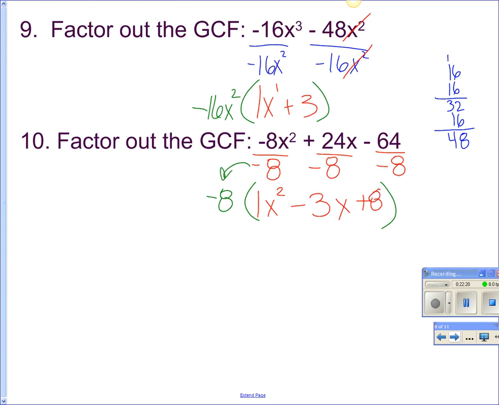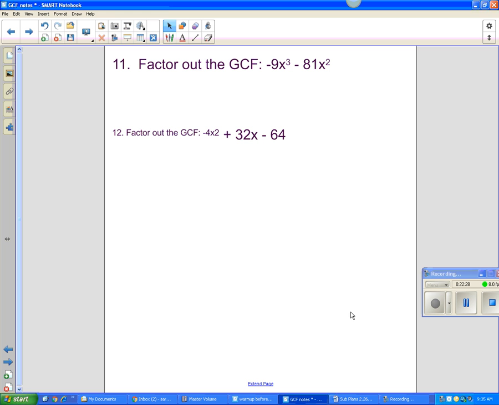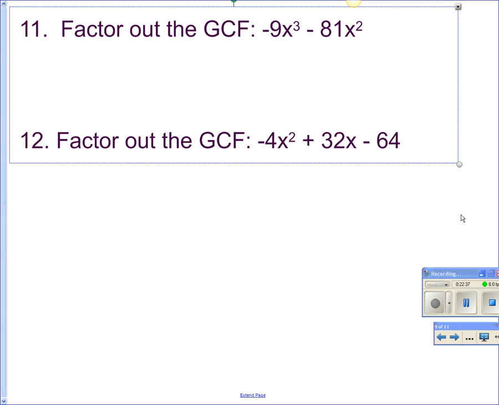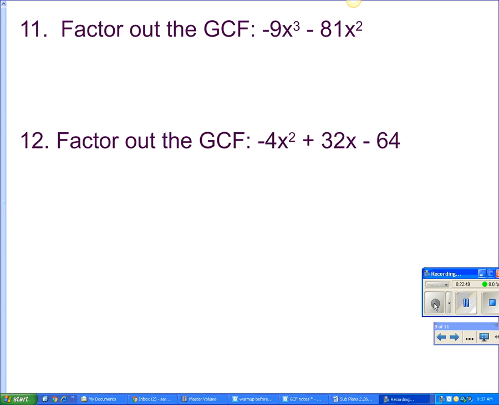All right. Last two. Number 11, negative 9x to the third minus 81x squared. All right, go ahead and try this one on your own. I'm going to put the answer up on the board, so it's not a true OYO, but try it. All right, Jesse, what did you write under both of them?